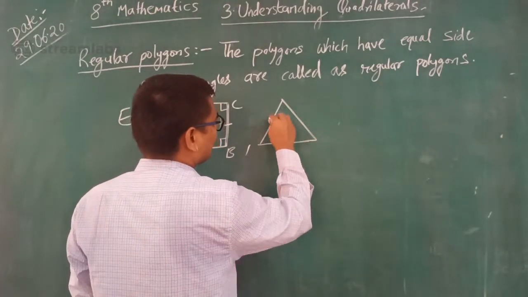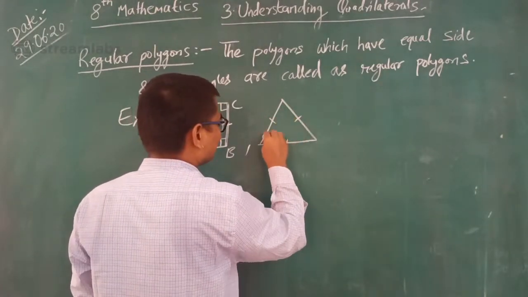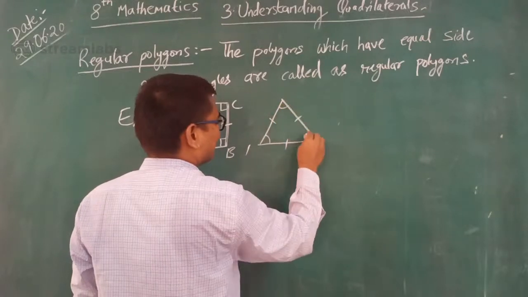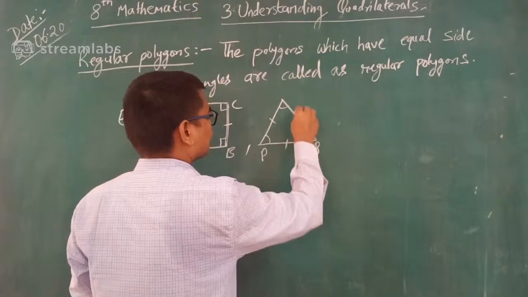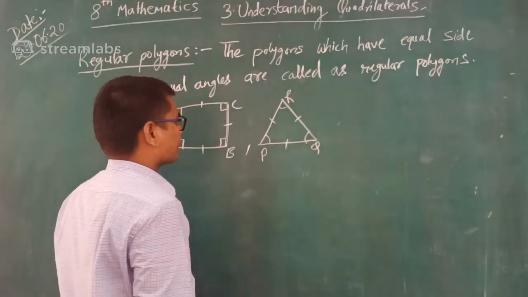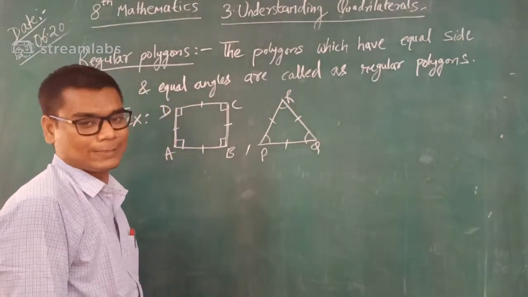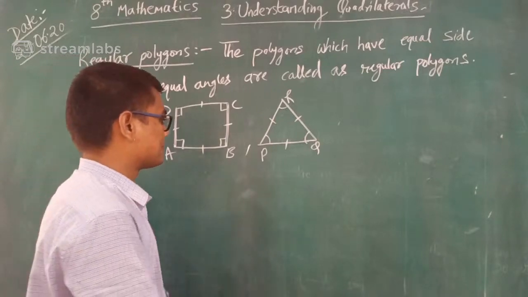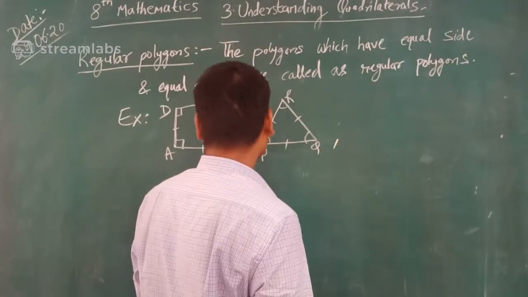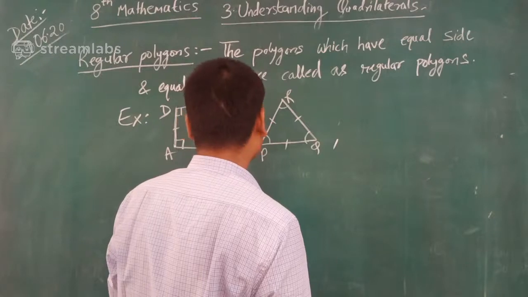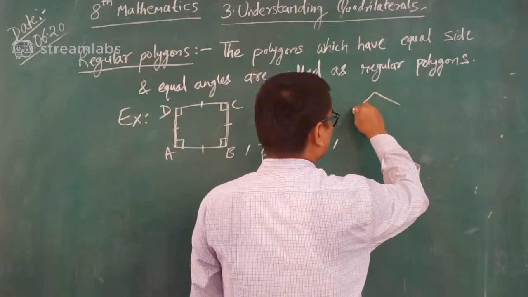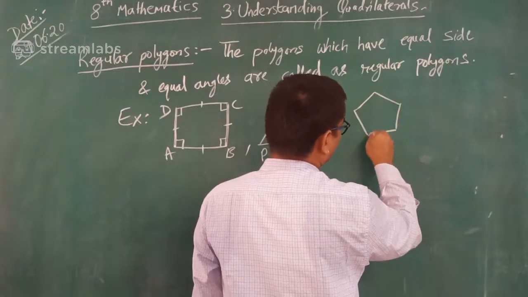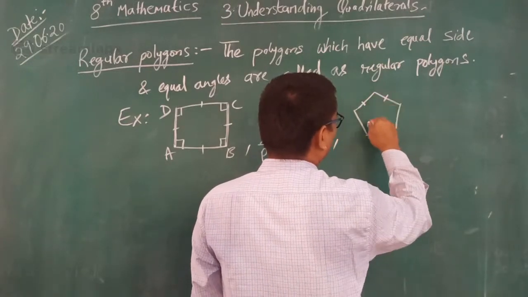Then an equilateral triangle: all the sides are equal and all the angles are equal. Regular pentagon.